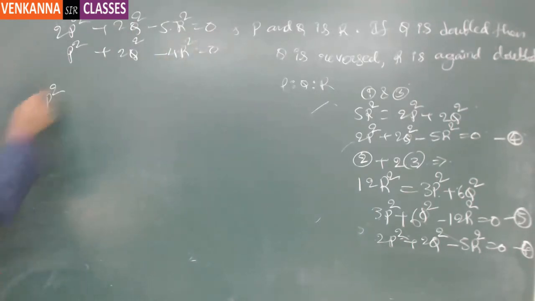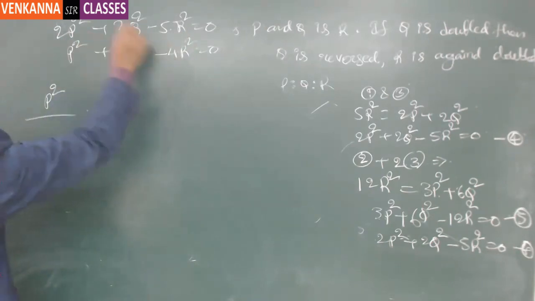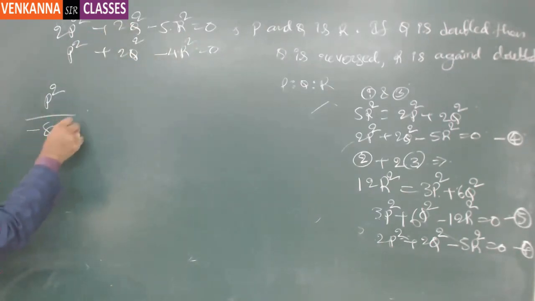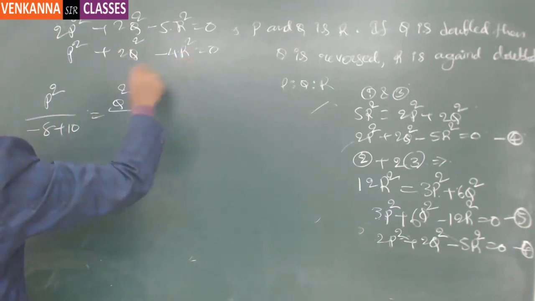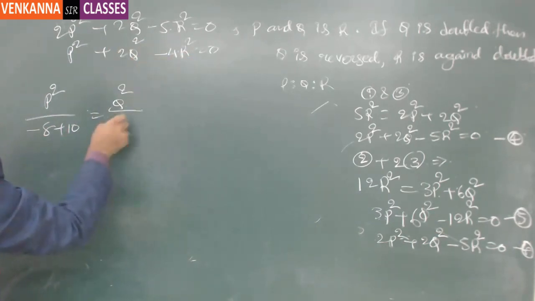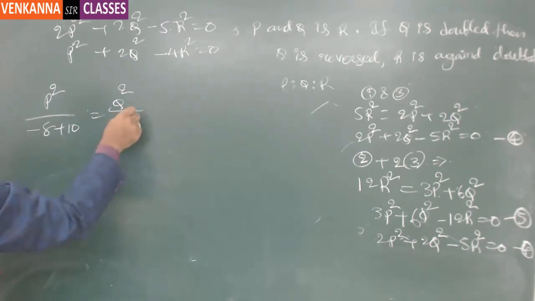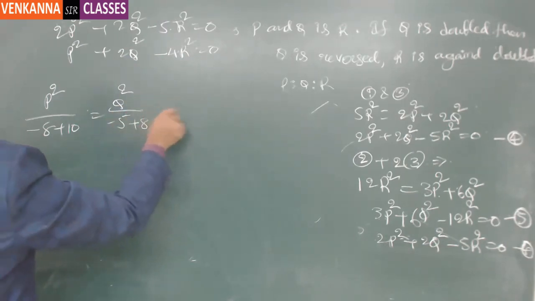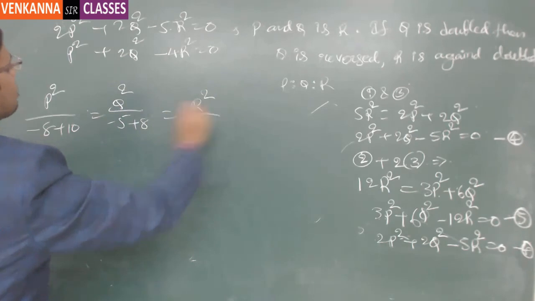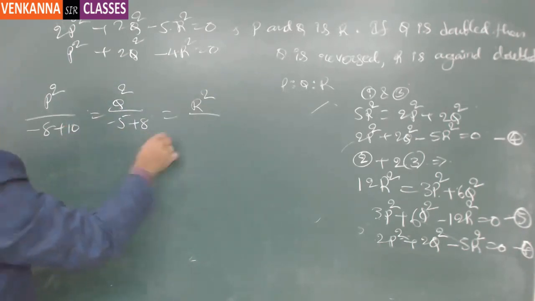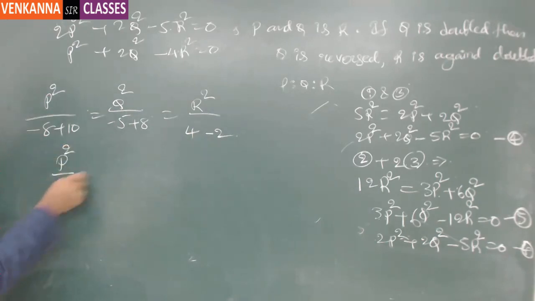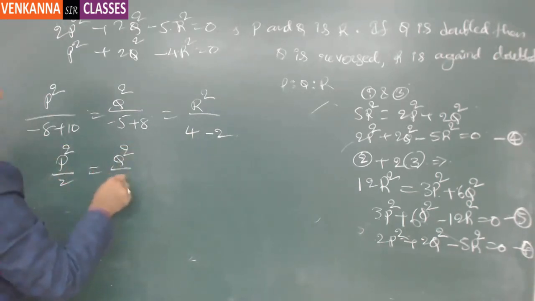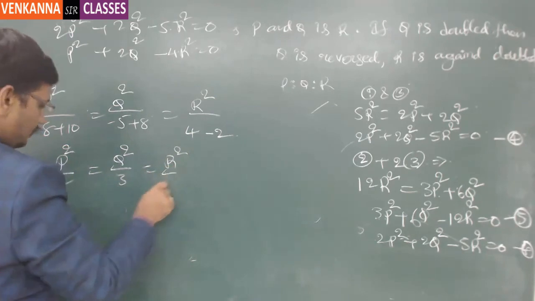So from this, p square by minus 8 plus 10 equal to q square by minus 5 plus 8 equal to r square by 4 minus 2. So this is p square by 2 equal to q square by 3 equal to r square by 2.